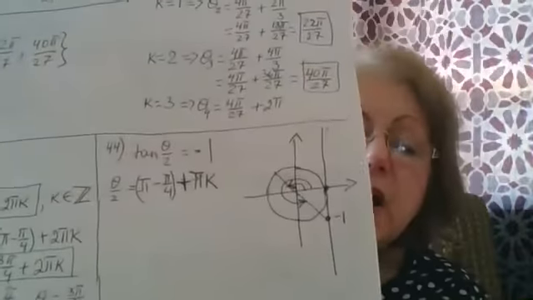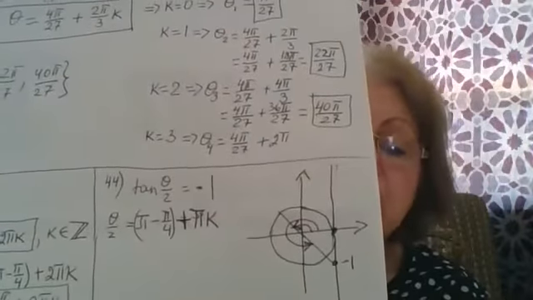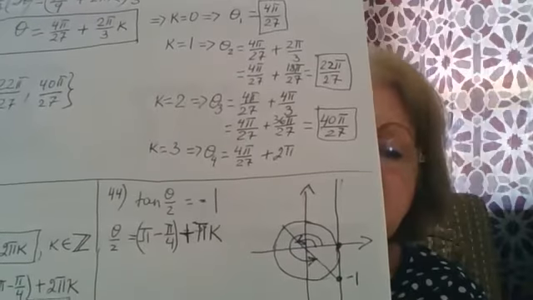But don't forget about the period. What is the period for tangent? Is it pi? Yes. So this is why I wrote pi minus pi over 4 plus pi k. And now you can solve it for theta.